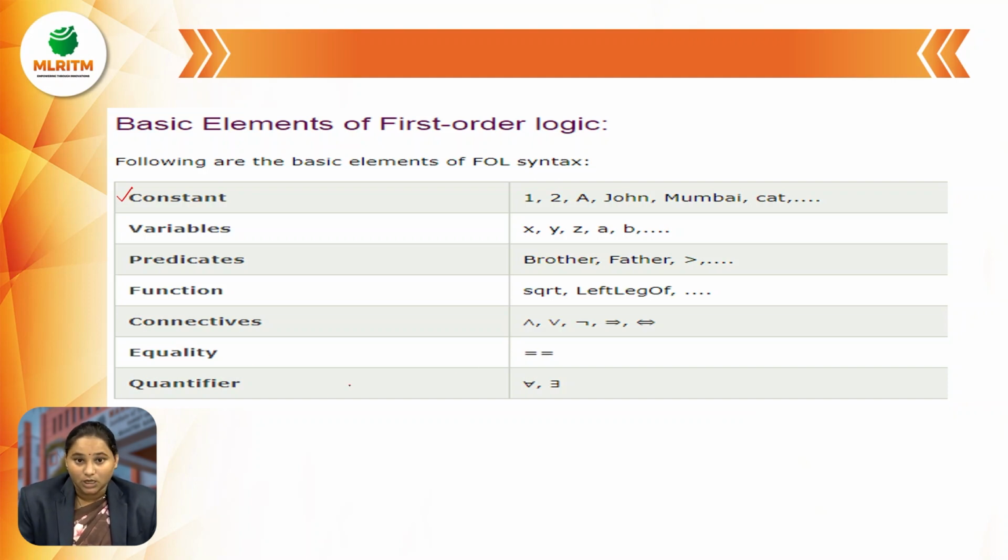Quantifiers: we have two types, for all and there exists. For all is the universal quantifier, and there exists is the existential quantifier. Using these connectives, we can frame statements in a symbolic representation.